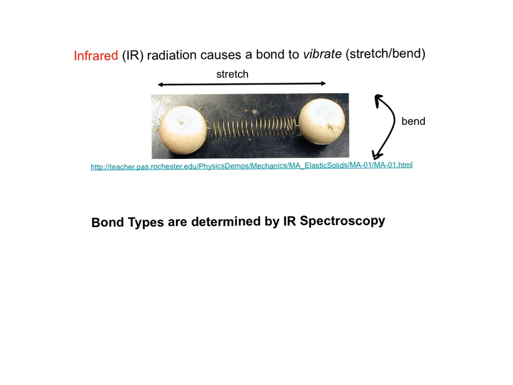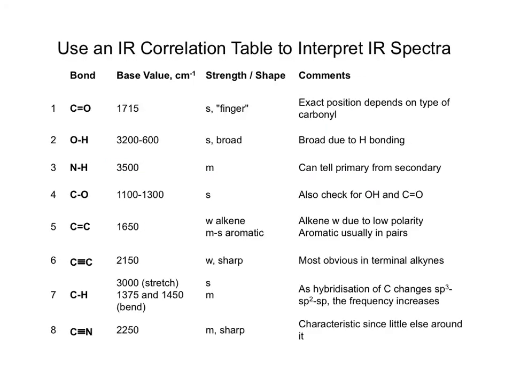IR spectroscopy tells us about the bond types in a compound. So when a substance is exposed to IR radiation, it causes the bond to vibrate, which means either to stretch or to bend. So let's take a look at an IR correlation table, and let's specifically look at the first 2 columns. So the first column shows the bond types. The second column tells the base value, which is the energy in wave numbers needed to either stretch or bend the bond.